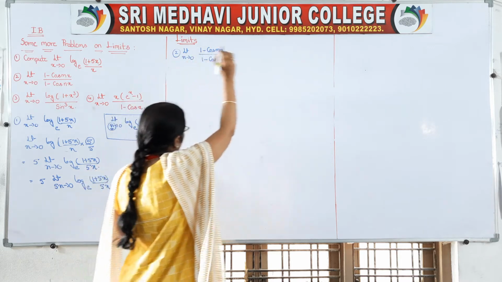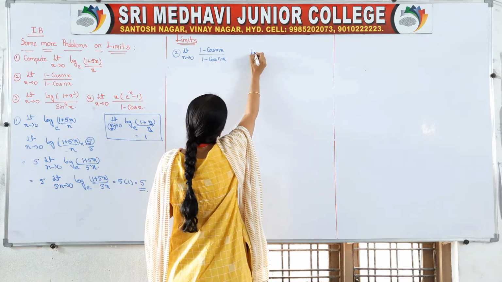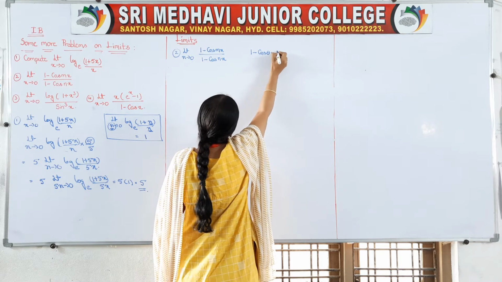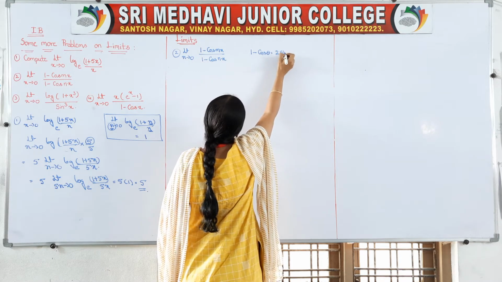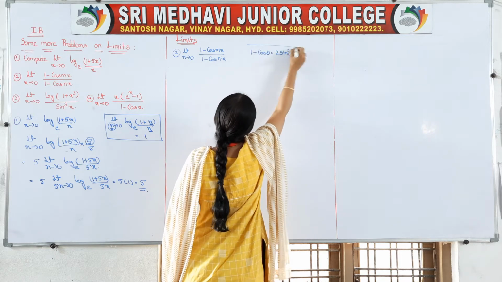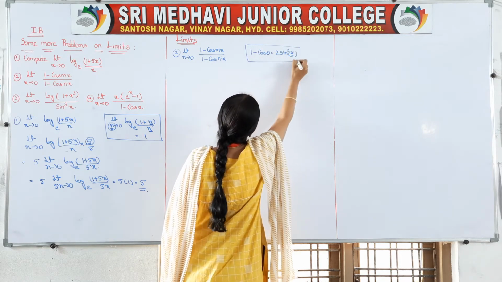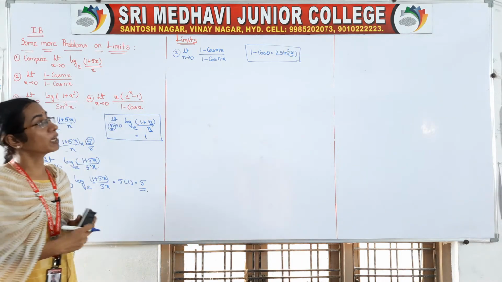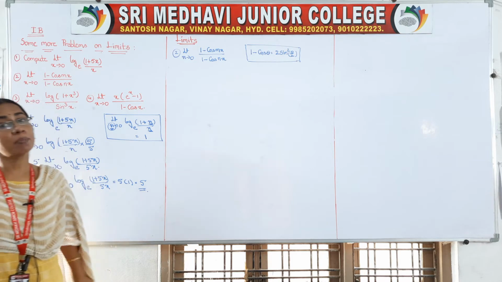Okay, so now come to trigonometry. There is one formula, 1 minus cos theta is equal to 2 sin square theta by 2. Whenever it is 1 minus cos theta, it is 2 sin square theta by 2. Again it is a formula.